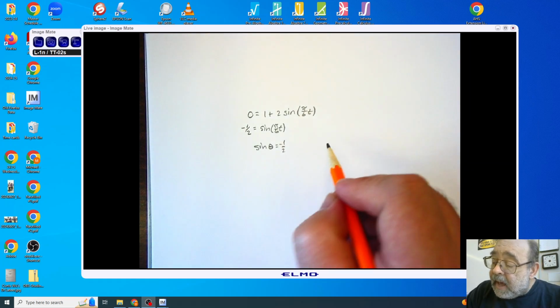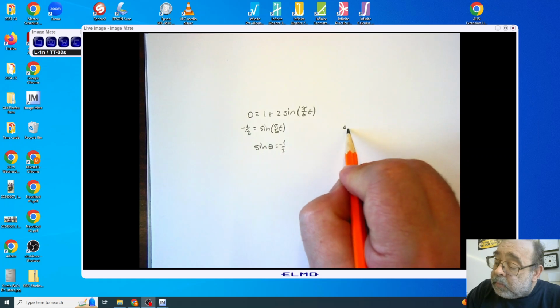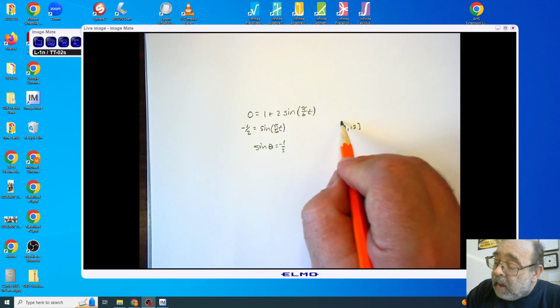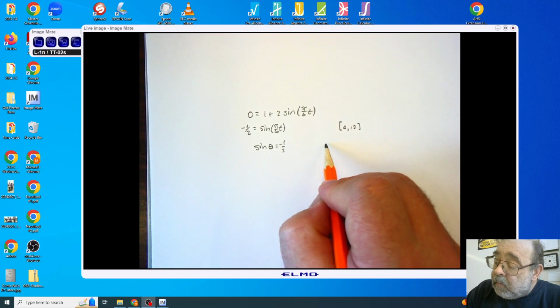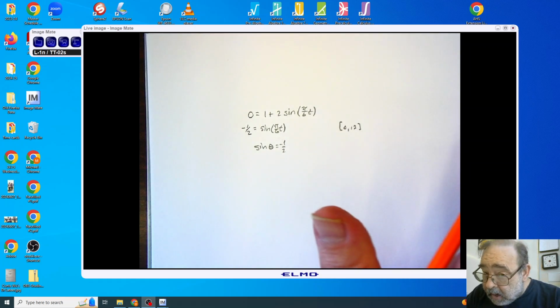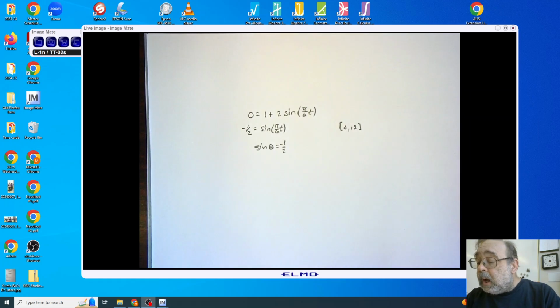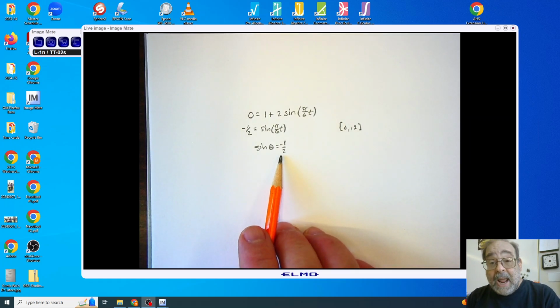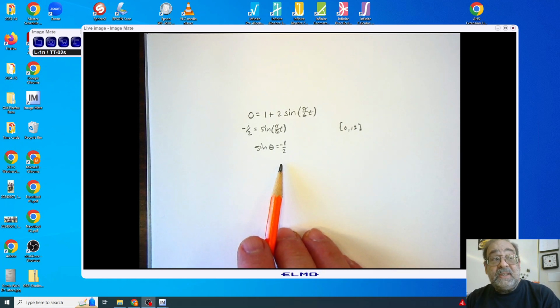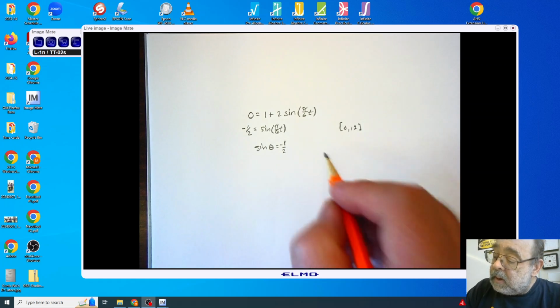I know that on the interval 0 to 12, I will have three values. Keep in mind, pi over 6 would be a 1/2 value for sine. So sine of pi over 6 and 5 pi over 6 are positive. Negative 1/2 would be 7 pi over 6 and 11 pi over 6.